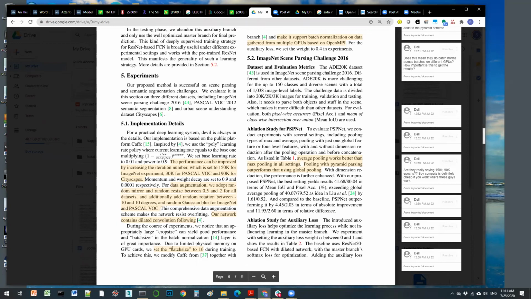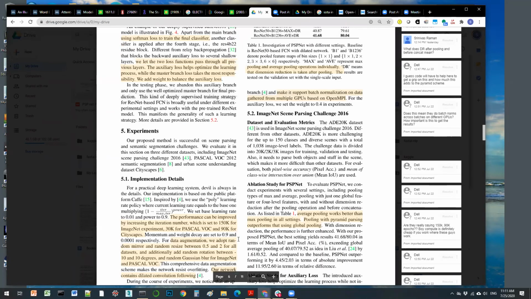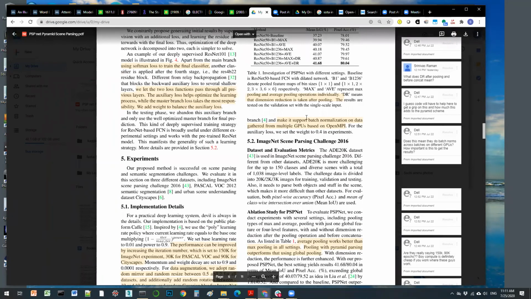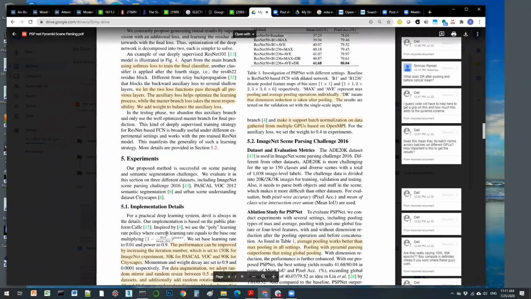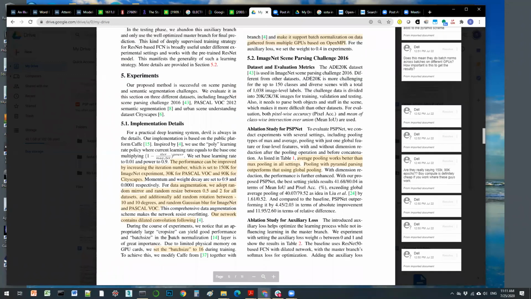And then this is the part which also concerned me. They talk about setting the batch size to 16, and then they talk about supporting batch normalization on data gathered from multiple GPUs. That was interesting in the sense that they seem to be saying that a batch size of 16 was too big to hold in a single GPU because of physical memory.